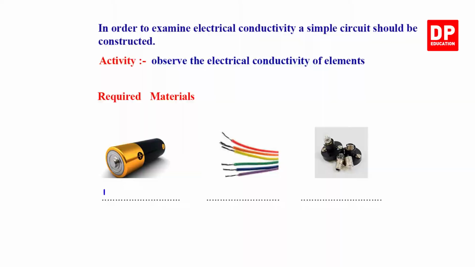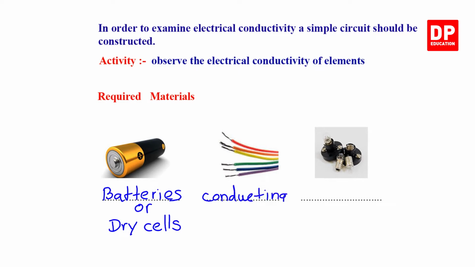We need batteries, or you can say dry cells. We need the conducting wires, and they have to be insulated wires. And we need to have bulbs.